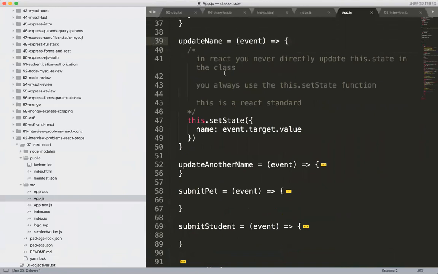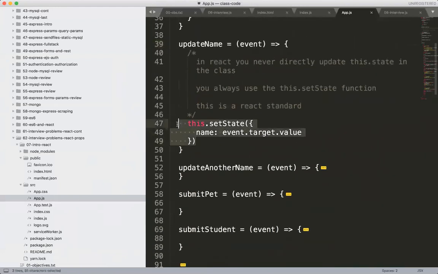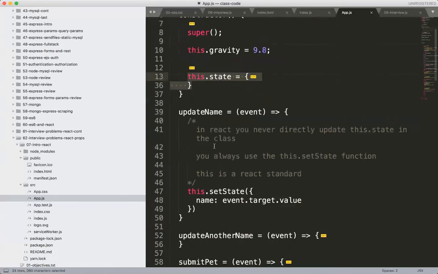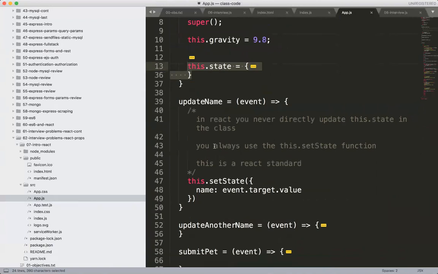So inside here, right, we're just going to do this.setState name: event.target.value. Right, event.target.value is going to get us the value of that input, and we're going to update name in the state. So you never update state in React directly. You don't do this.state.name equals something. Don't do that, right? Why? Because React just does not like it.